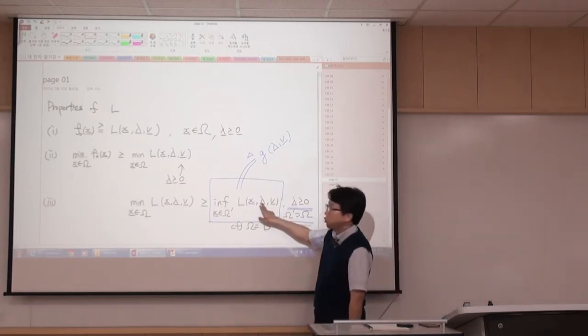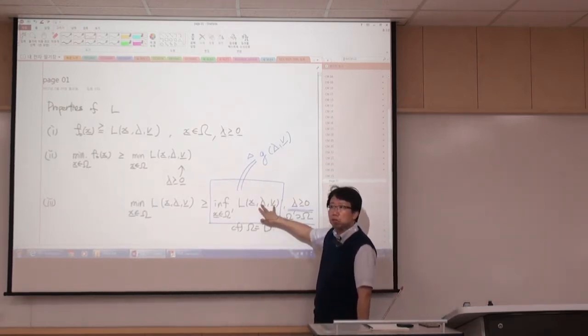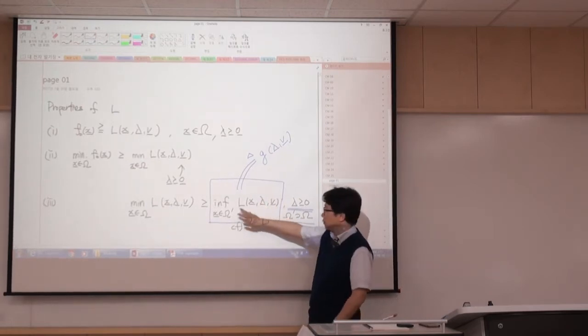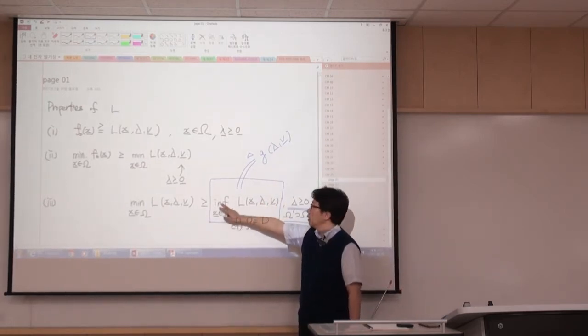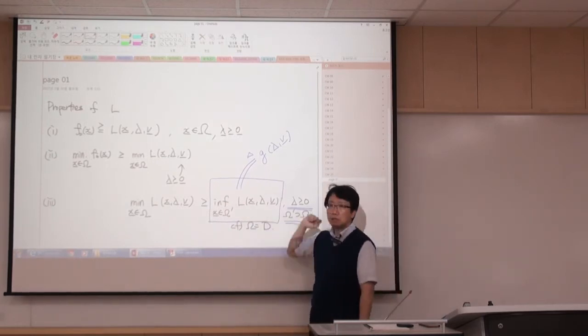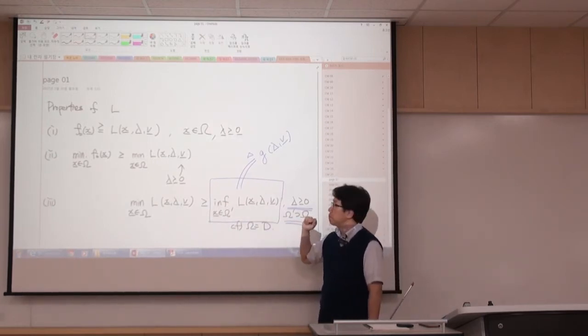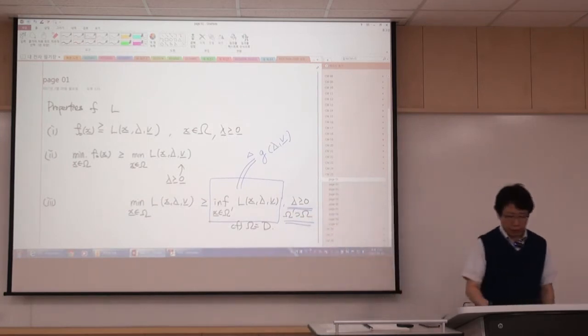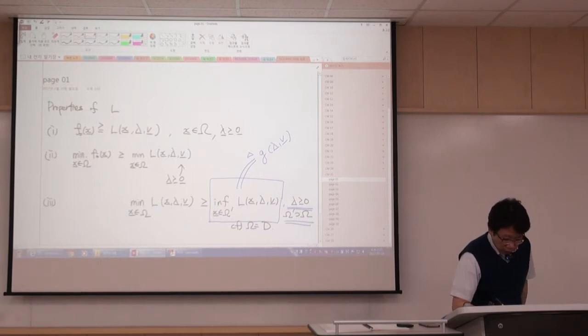Because if we choose a different pair of lambda and nu, we will have a different minimum value or infimum of this. Got it? And this is called the Lagrangian dual function.